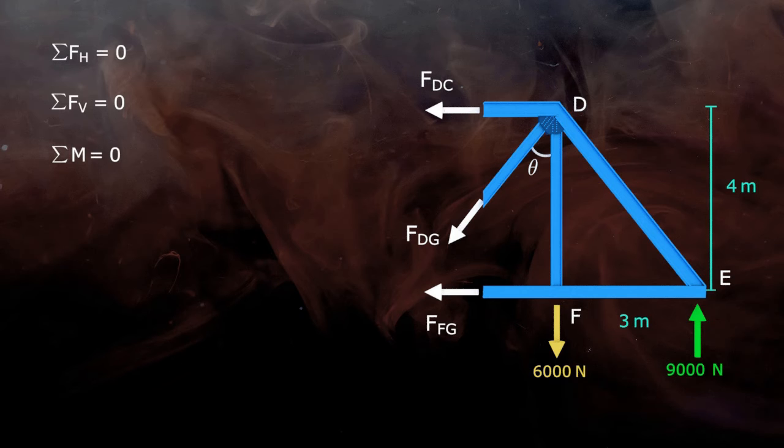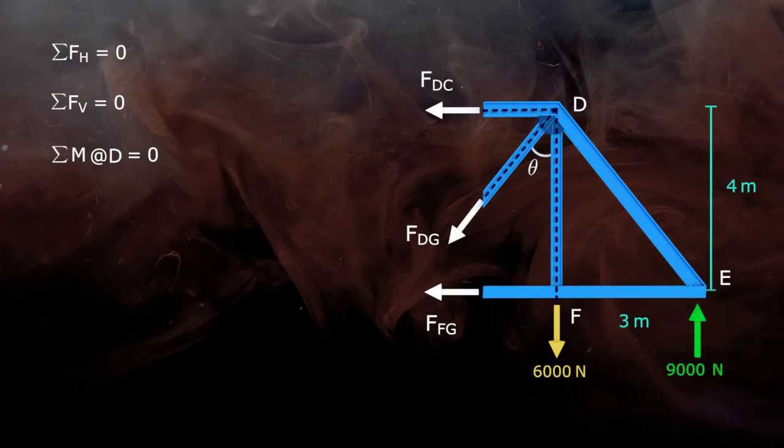Here at joint D, the lines of action of 2 unknown forces FDC and FDG are meeting. Also, the line of the 6000 Newton force is passing through the same joint. So if we take moment about joint D, the moment of these 3 forces will be 0. And now we only have to worry about the unknown force FFG and the reaction, that is the 9000 Newton force.